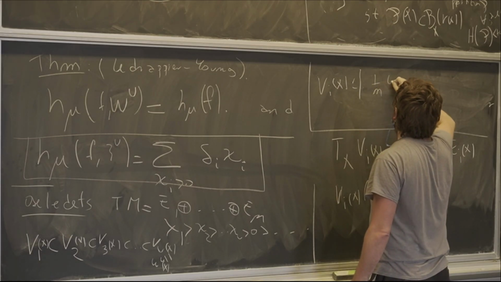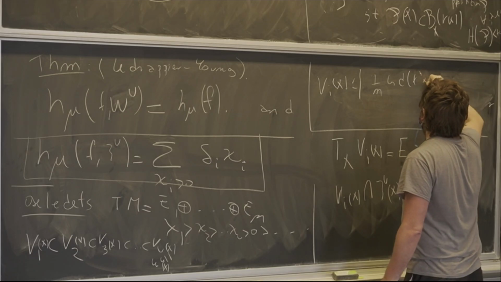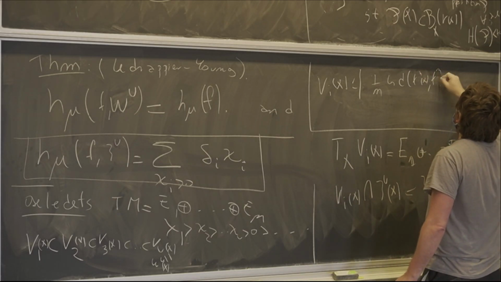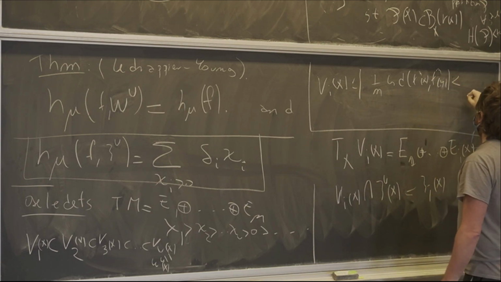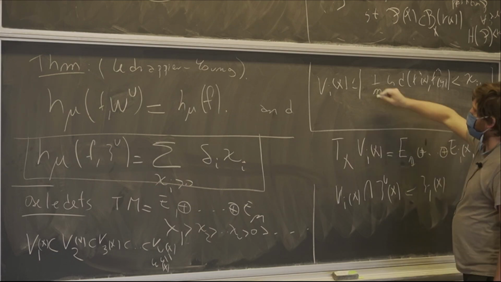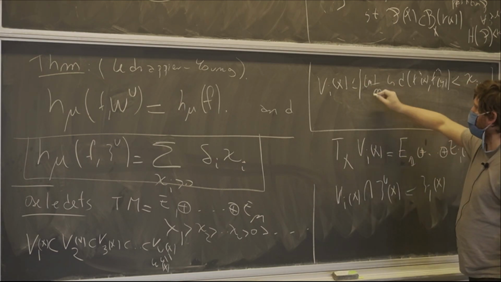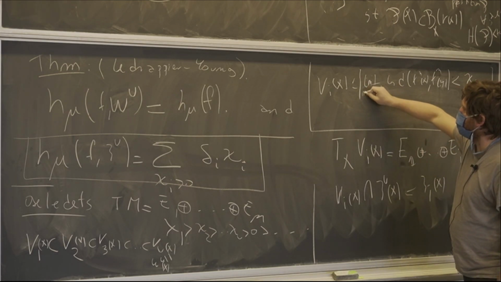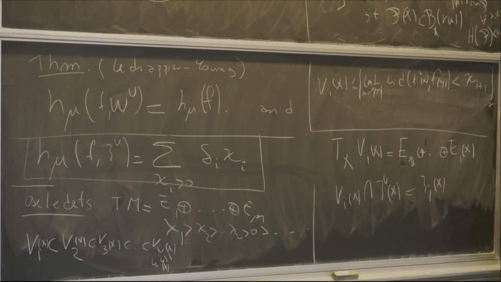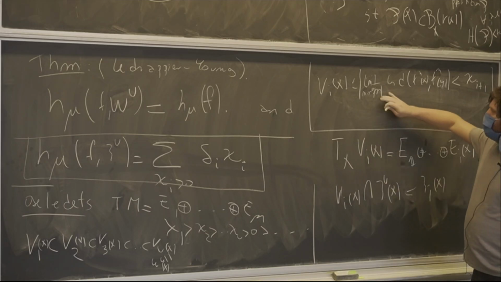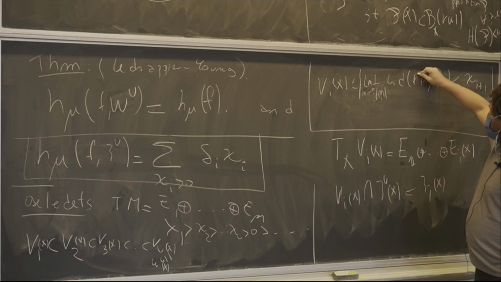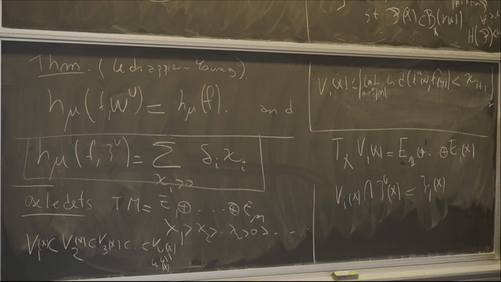So V_i of x can be characterized by: 1 over n log distance of f^n x to f^n y is smaller than psi_{i+1} in the limit, as n goes to minus infinity. And n is negative, so yeah.